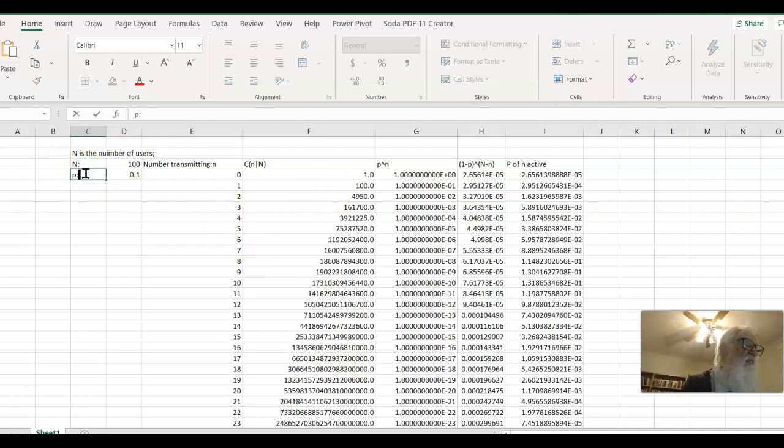This is P. P is the probability that a user is sending. And I set this up for 100 and 0.1. The material is live, so if you want to change this number, you can change it, and you'll get the answer for that.